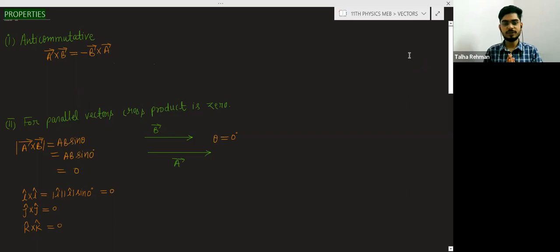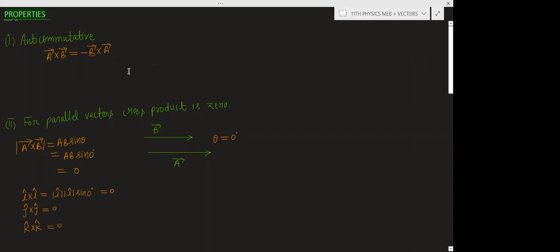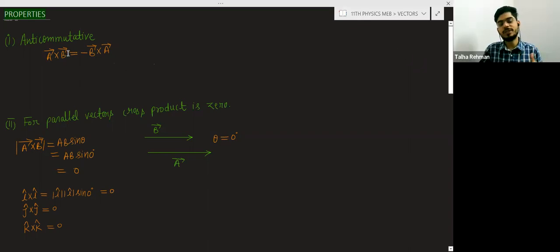Do you have any doubt, Divyangi? No, sir. Here you should have a doubt. Why is a cross b equal to minus b cross a? Can you tell me why I have written the minus sign here? There is a reason for each and everything.